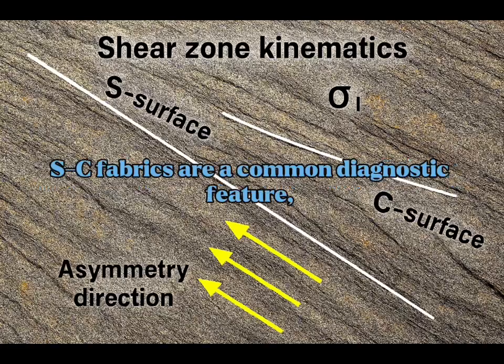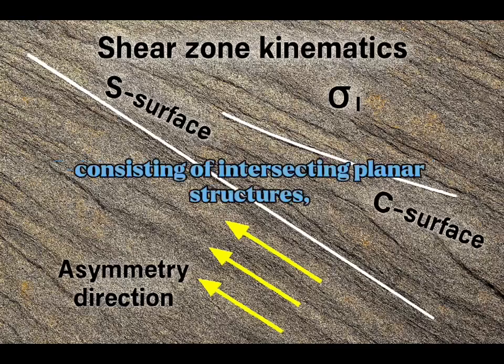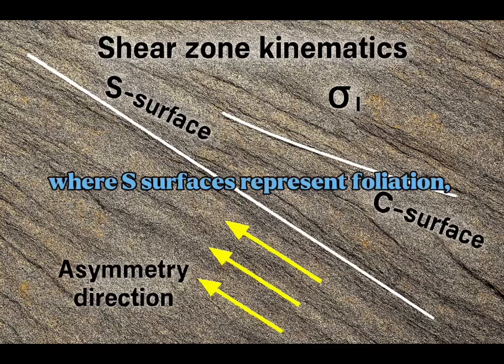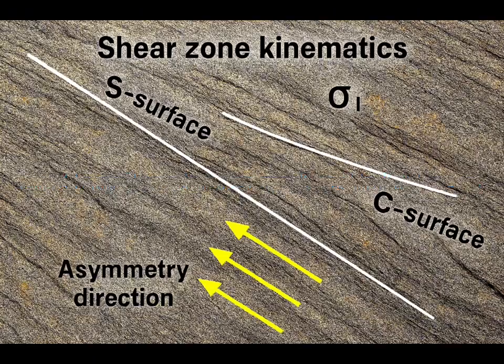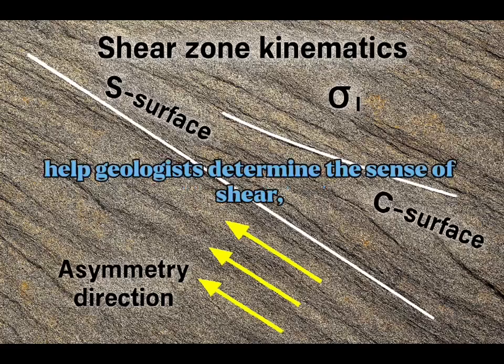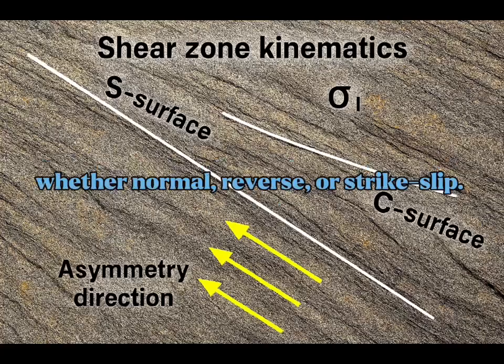SC fabrics are a common diagnostic feature consisting of intersecting planar structures where S surfaces represent foliation and C surfaces correspond to shear planes. These fabrics help geologists determine the sense of shear, whether normal, reverse, or strike slip.